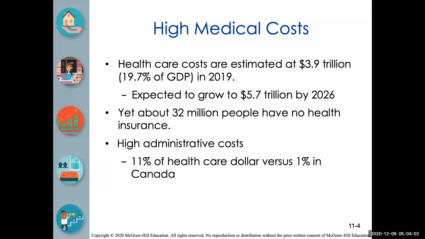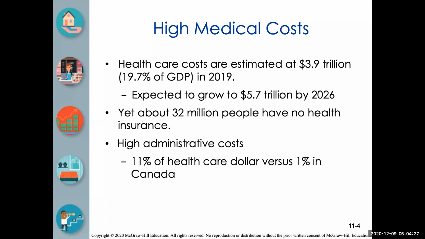If we look at the healthcare costs at 3.9 trillion, that represents almost 20% of the U.S. gross domestic product. So in case you forgot from your economics class, the gross domestic product is the total value of all of the goods and services produced within a given economy.